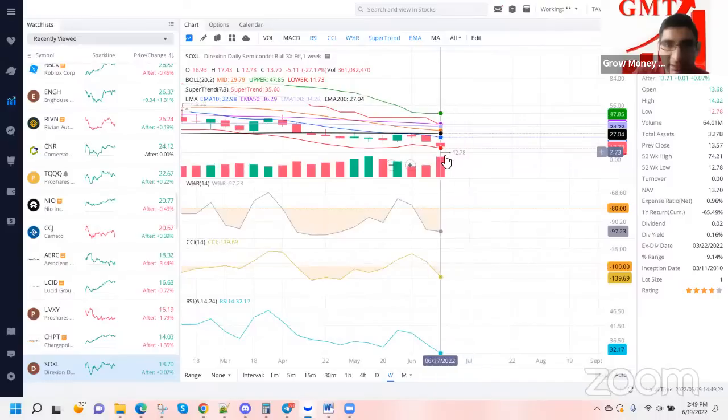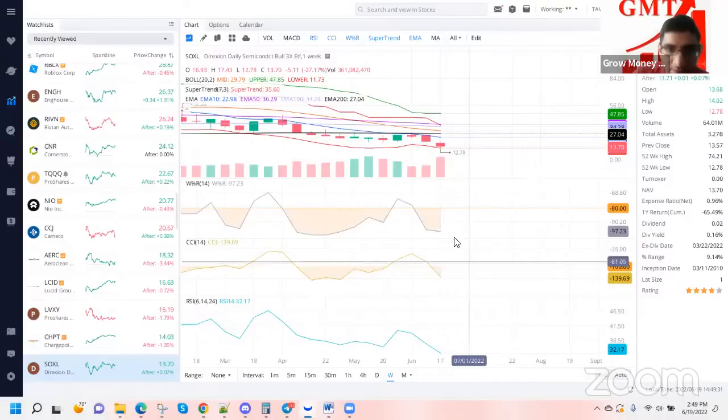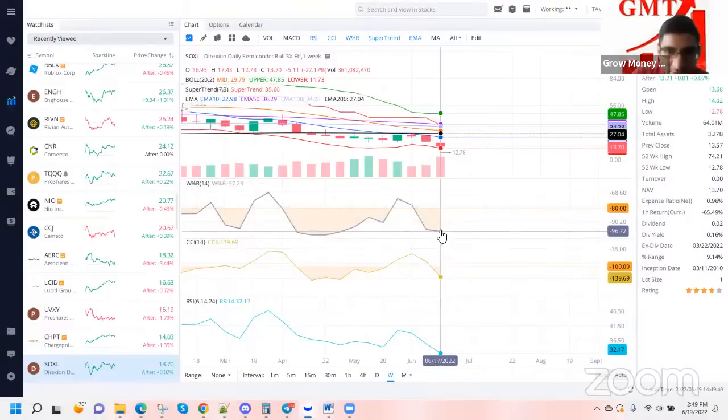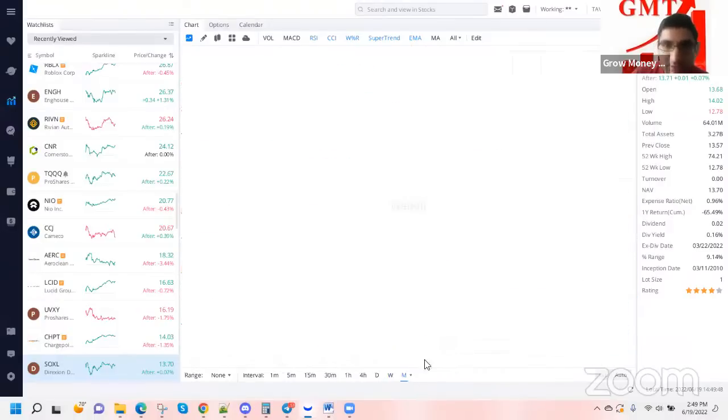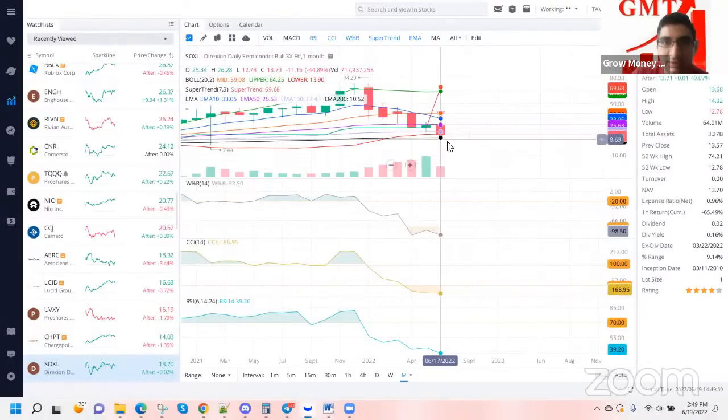On the weekly chart, it was at lower Bollinger Band. Williams R has almost flattened, not completely, but the coming week, if it reverses, then this could give a reversal on the weekly chart as well.